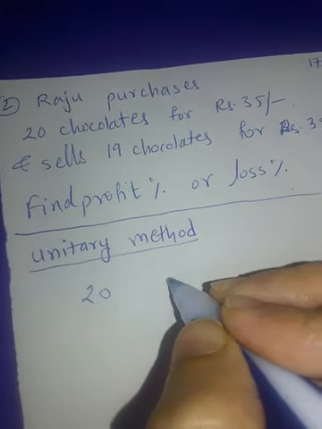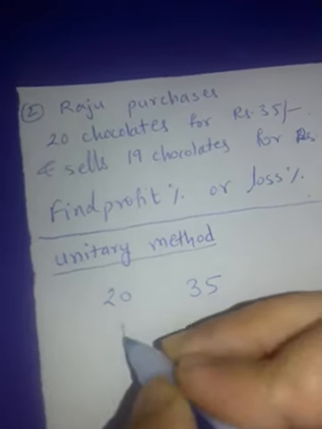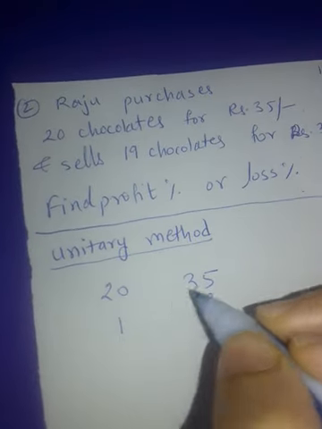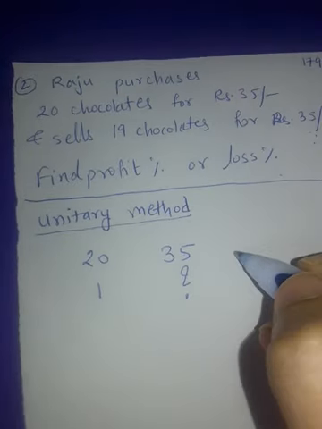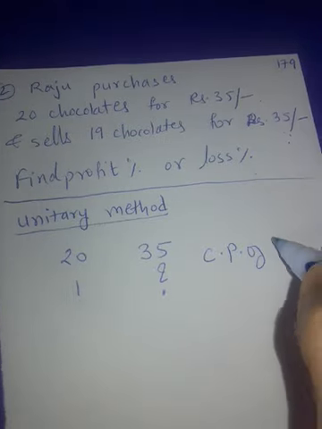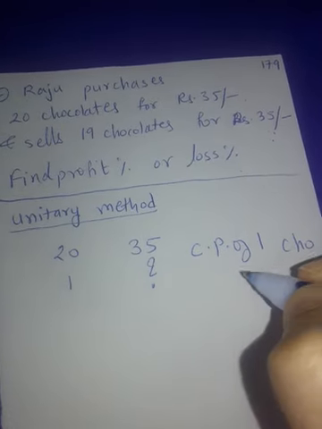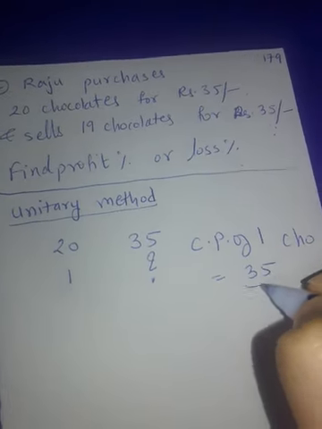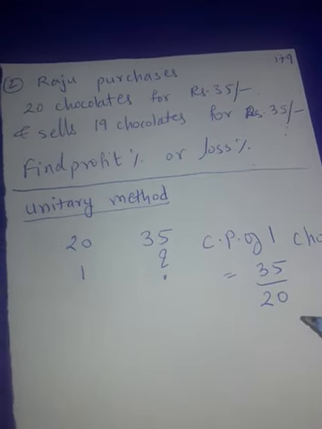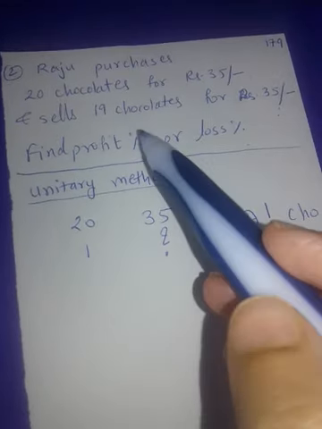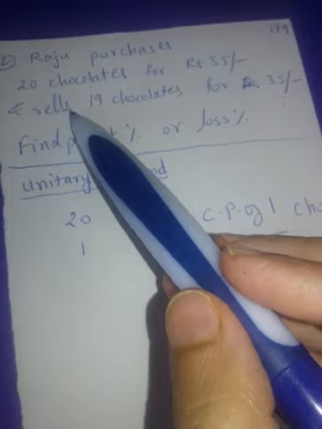20 chocolates cost 35. What does 1 chocolate cost? This into this divided by this. So the cost price of 1 chocolate is equal to 35 upon 20. Right? What is the selling price?